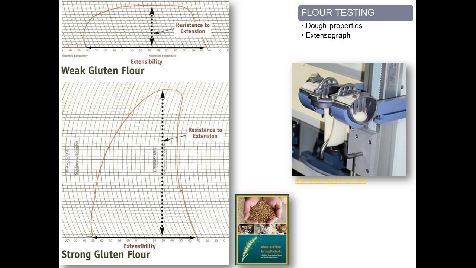The dough is mixed in a farinograph to a prescribed condition, which is the optimum or the intensive mix, and it's stretched with a hook, and the cradle is on a pivot, so you can measure the force that's required to stretch the dough, and how far the dough can be stretched before it tears.